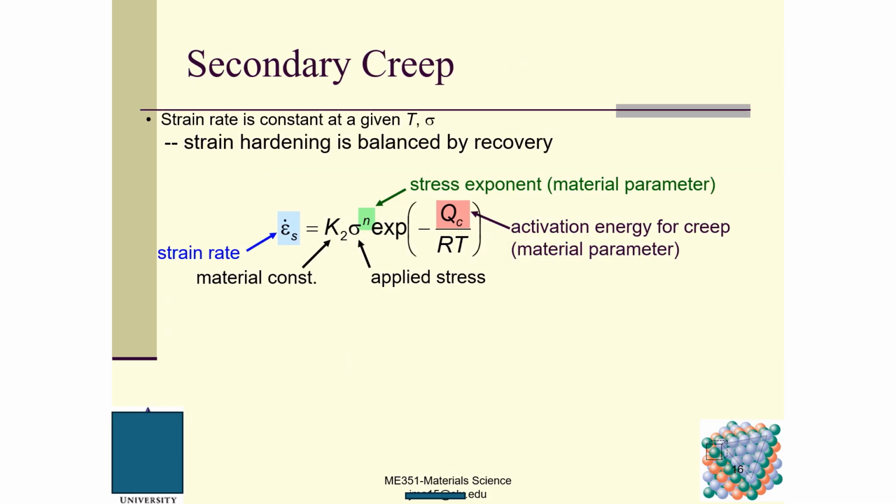So secondary creep, this is a steady state creep. It can be described using one equation. The strain rate is constant at a given temperature and stress level. And strain hardening is balanced by recovery.